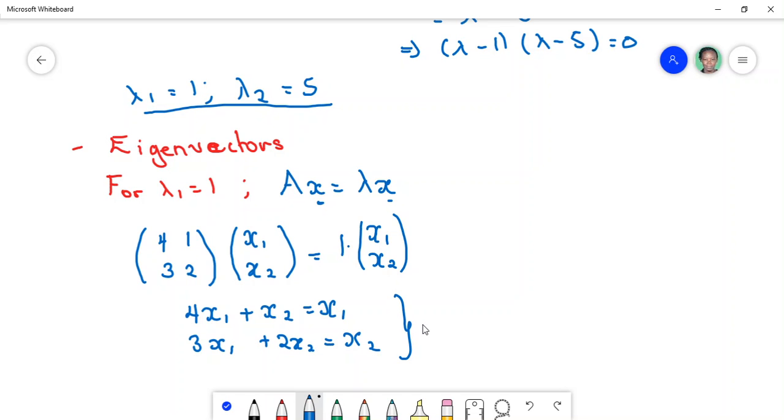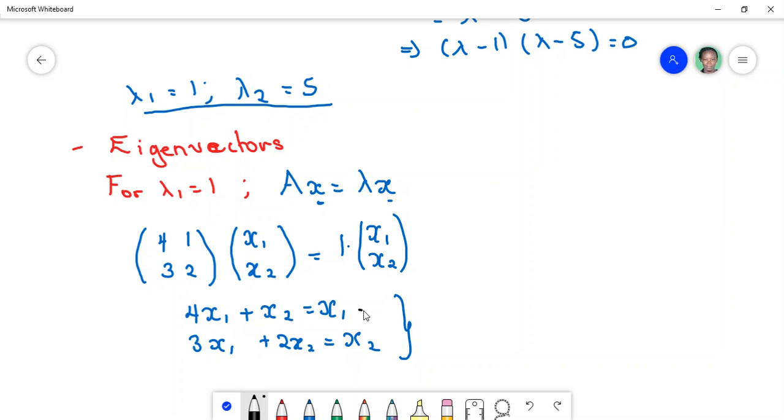So I have these two simultaneous equations. I could solve to get X1 and X2. So let's solve for X1 and X2 here.